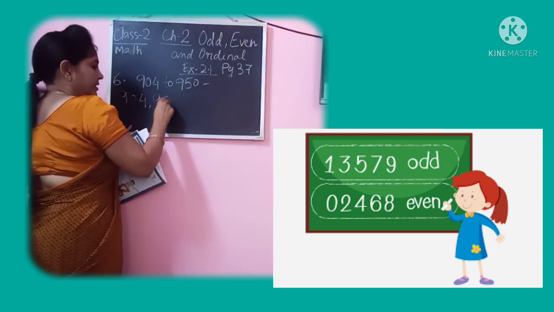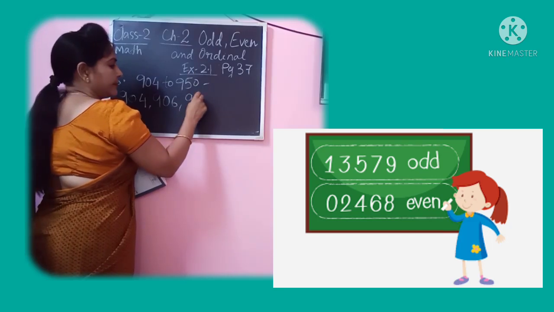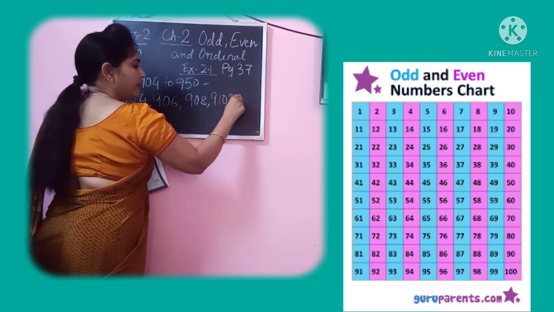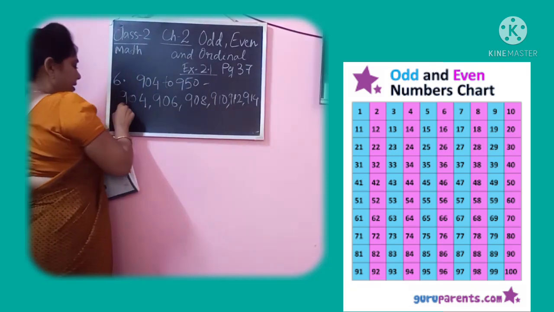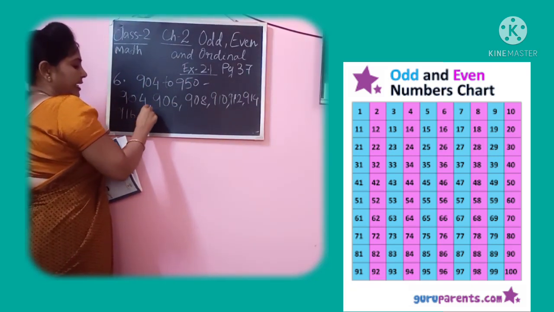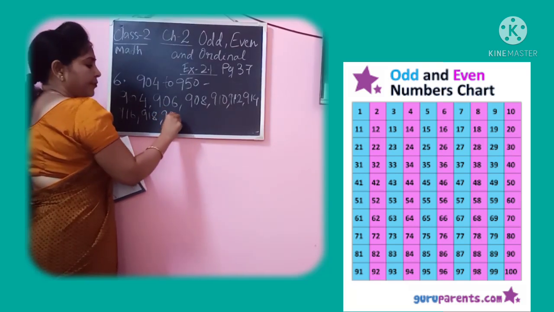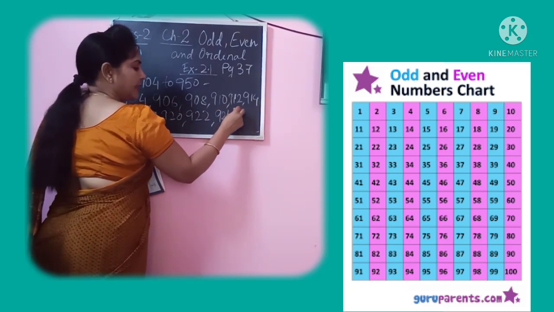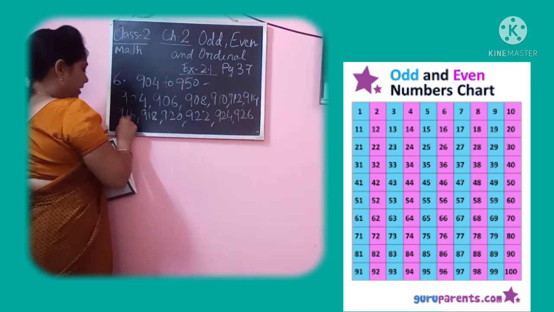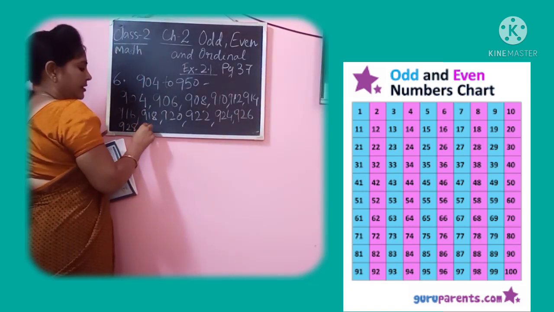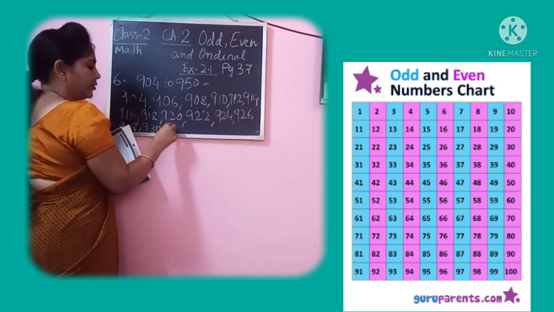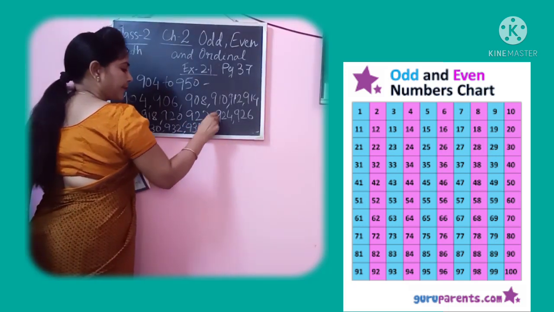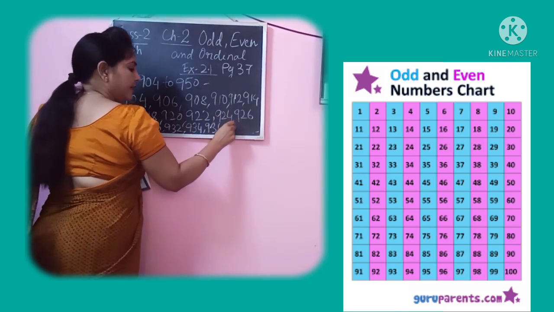The next will be 906, 908, 910, 912, 914, 916, 918, 920, 922, 924, 926, 928, 930, 932, 934, 936, 938.